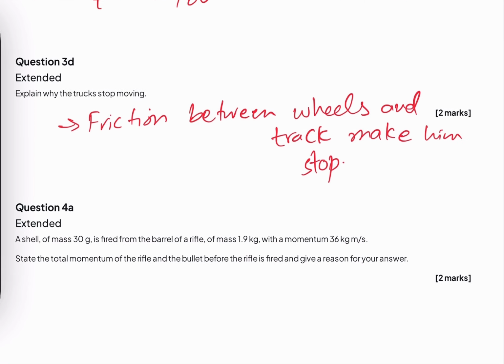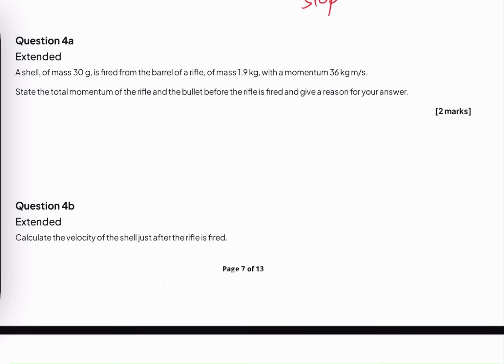In question 4a, a shell of mass 30 gram is fired from the barrel of a rifle of mass is given with the momentum of this. State the total momentum of the rifle and the bullet before the rifle is fired and give a reason for your answer. Okay, before the rifle is fired.